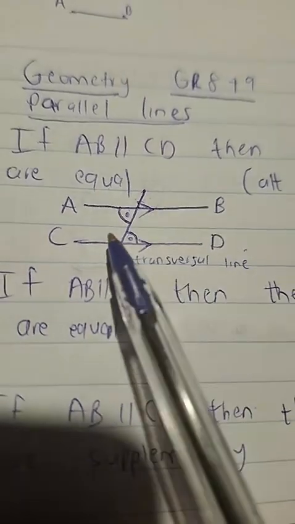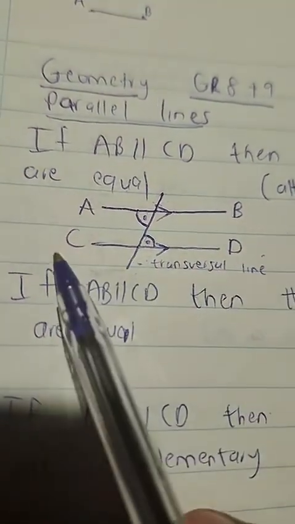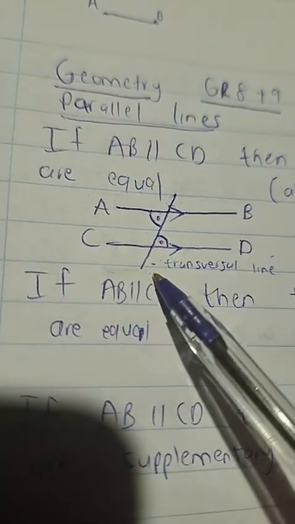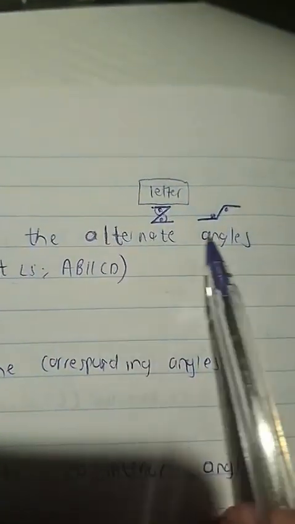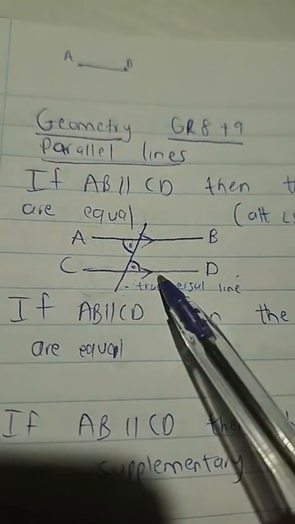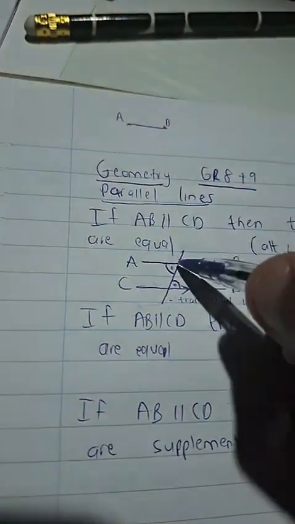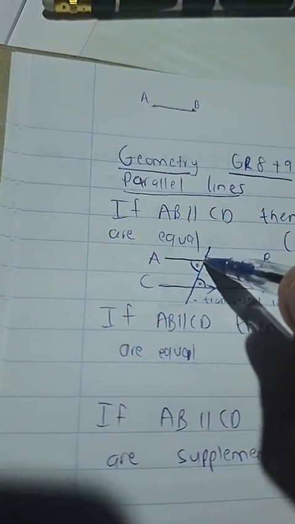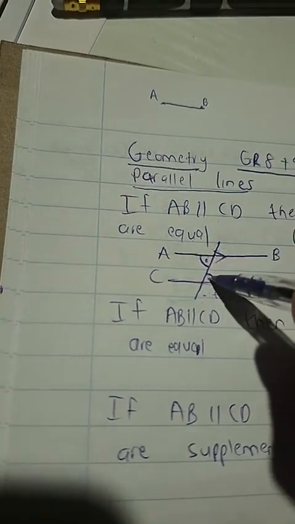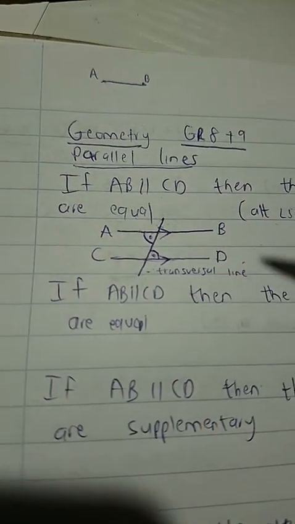Okay, so I repeat, when lines are parallel and there is a transversal line, alternate angles are simply the angles formed by a Z shape. So for this Z, the proper one, these two angles would be alternate.